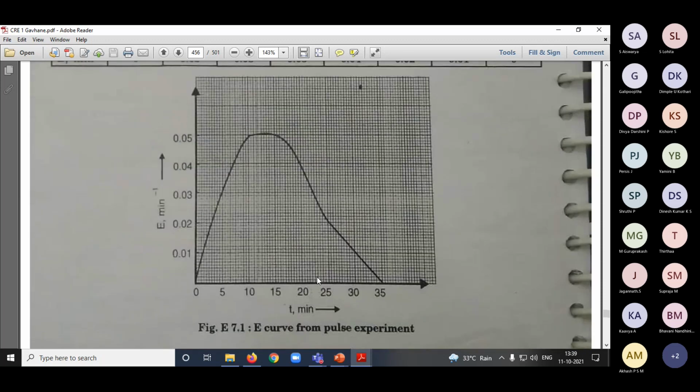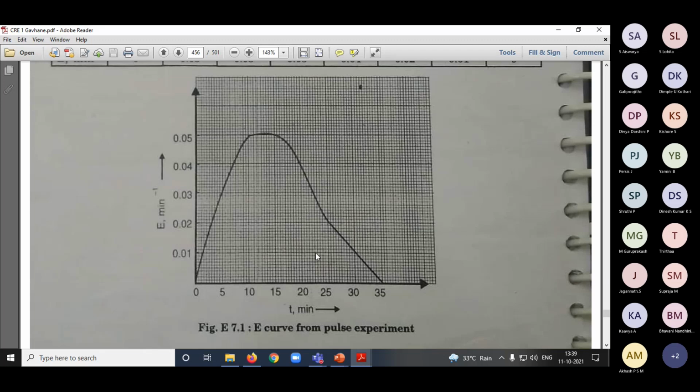If you put an average of 15, this fraction of material is staying for 15 minutes inside the reactor, and this fraction is staying more than 15 minutes. So this problem is asking how much fraction of the material is between two time intervals.